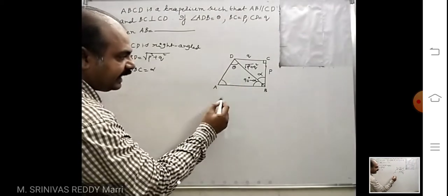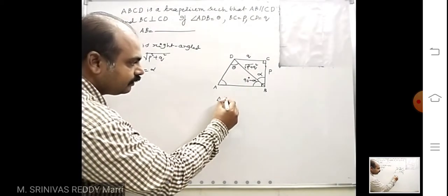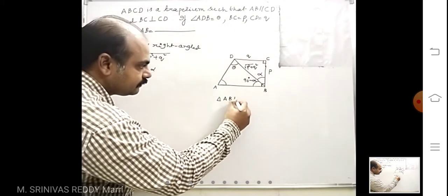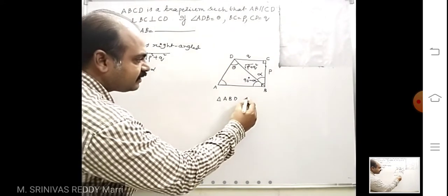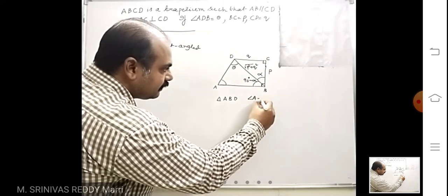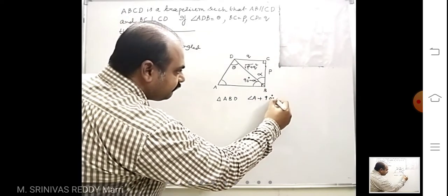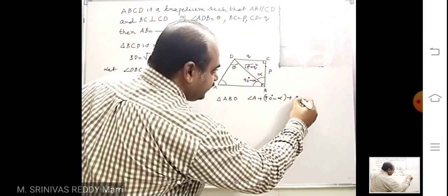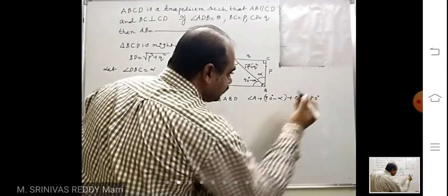So in triangle ABD, this angle is unknown. Two angles are known. That means angle A plus this angle 90 degrees minus alpha plus this angle theta. The sum of three angles is nothing but 180 degrees.